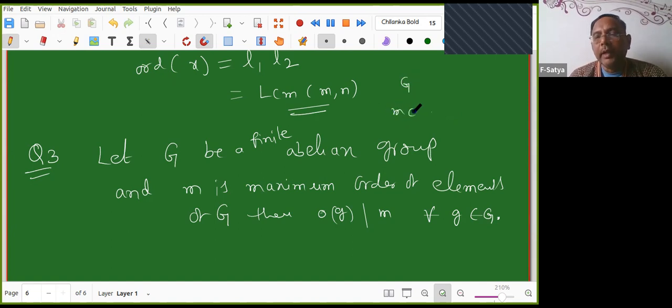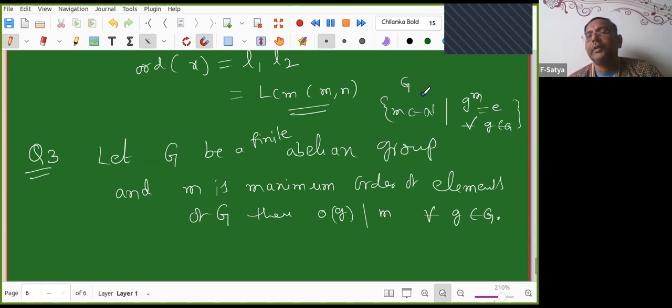We collect all natural numbers M such that g power M equals the identity for every g belonging to G. Let G be an abelian group with respect to multiplication, right? Suppose I'm collecting those natural numbers, g power M equal to identity. Is it empty or non-empty?